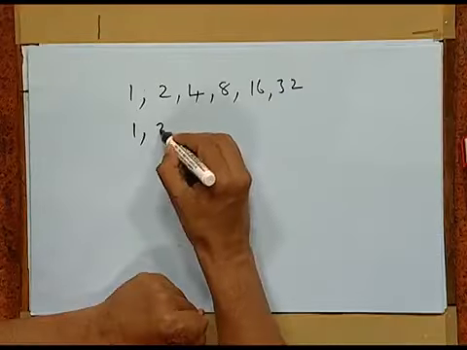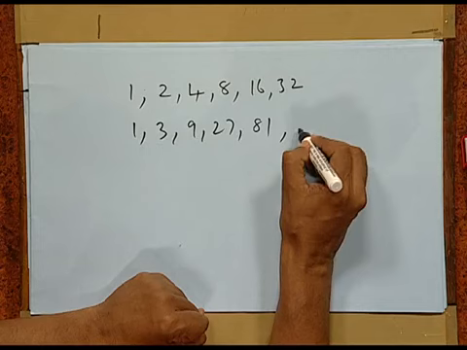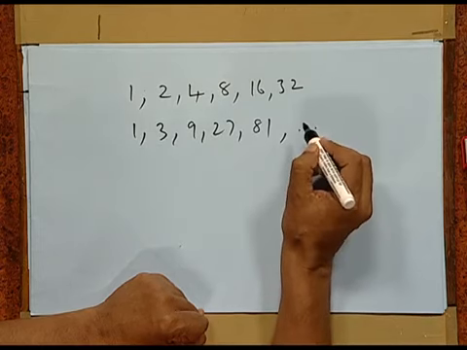Similarly, in this sequence, every term is triple of the previous term. So, any sequence in which the terms progress with a constant ratio is called geometric progression.